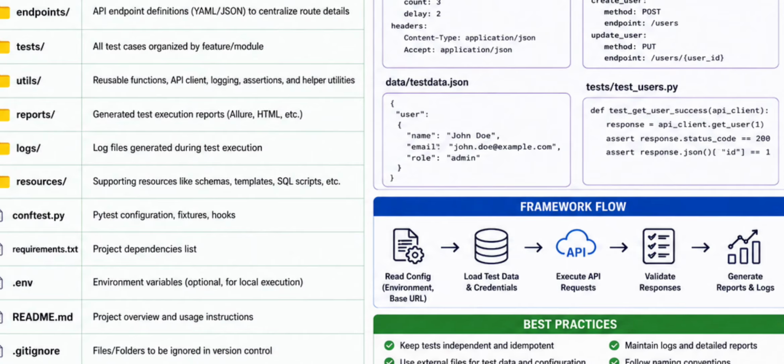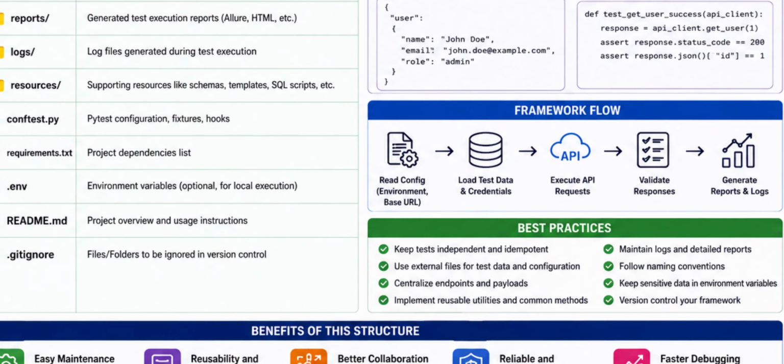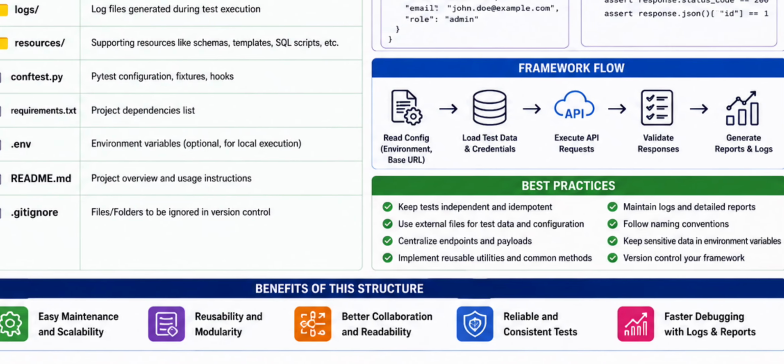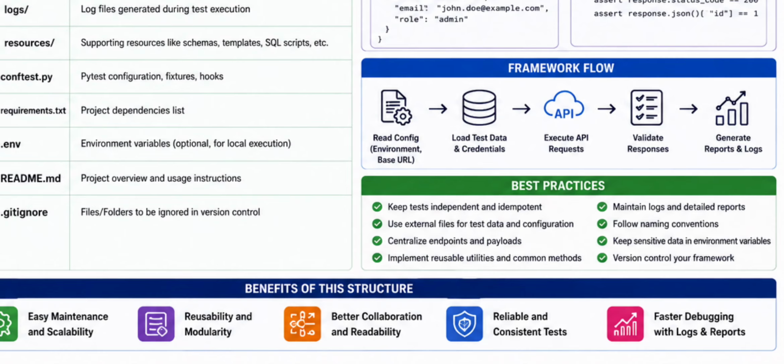I mean, how the test is written is going into the test folder. Okay, and then this is the framework flow. Okay, and these are the best practices you need to follow during the real-time project.